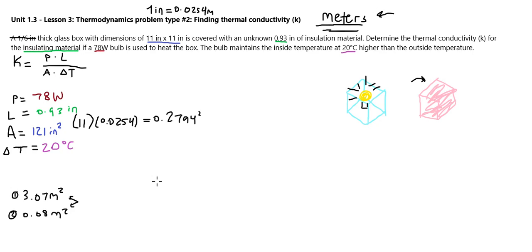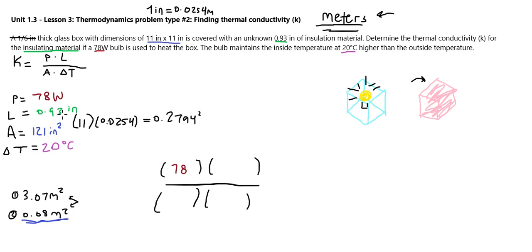So now we have all of our numbers and we can plug it in. First I'll put parentheses in the places where we'll put numbers. So first we need to know the power, P, 78 watts. We don't need to put the units when we're solving, so I'll just put 78. Then L, we found out, oops, about to make a mistake.